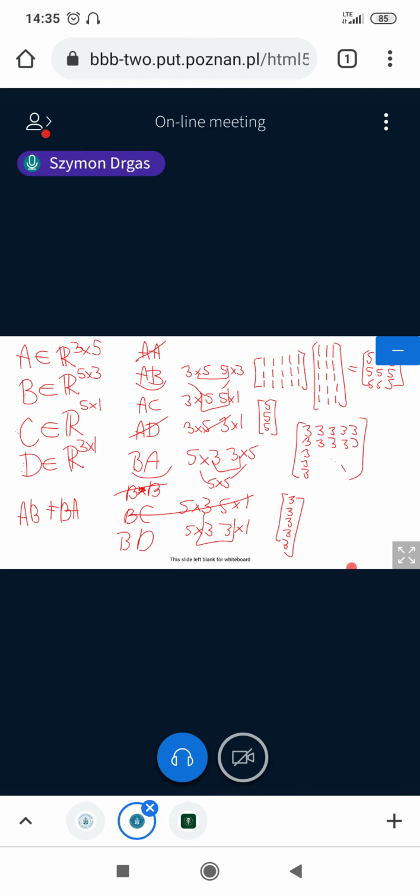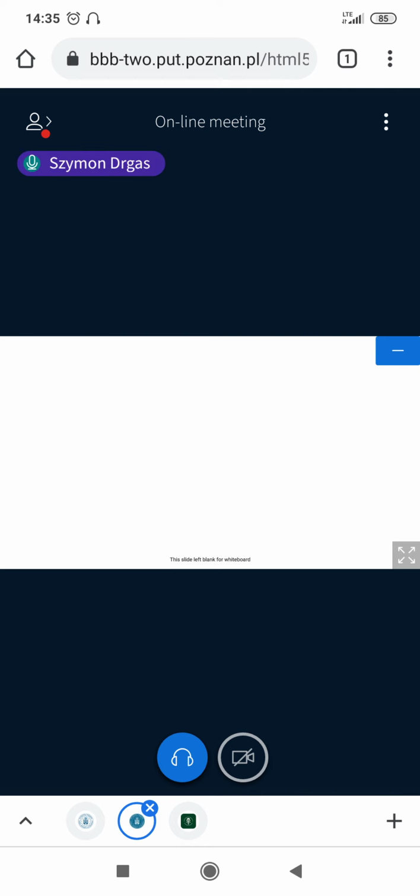So in this case, if I want to find the third column of AB, I need to multiply matrix A by the third column of matrix B, because I know that only these entries from the third column of matrix B will be used to compute the third column of the resulting matrix.